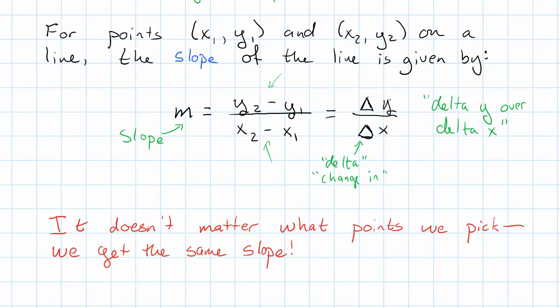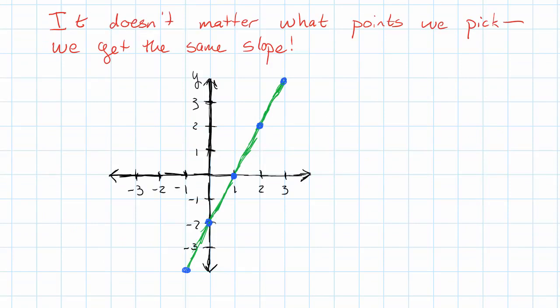Now here's the really exciting thing about the slope of a line. It doesn't matter what 2 points we pick. We get the same slope. Here's why. I'm going to draw a line. Let's say we've drawn this line, and we see that it passes through all of the points in blue.